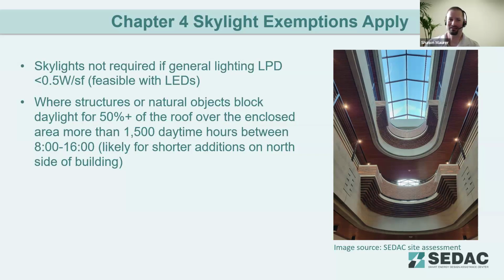And this is, again, likely if you've got a tall building, you're adding a shorter addition onto that building where the taller part of the structure could shade that addition's roof, in which case these exemptions might apply.